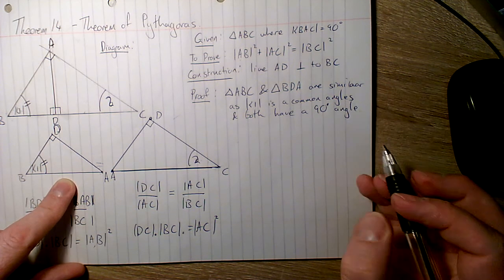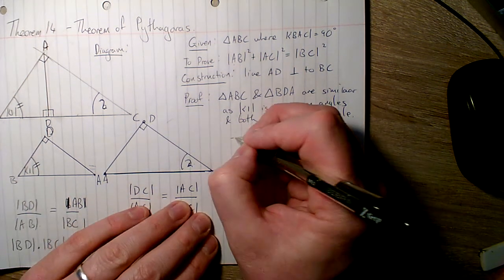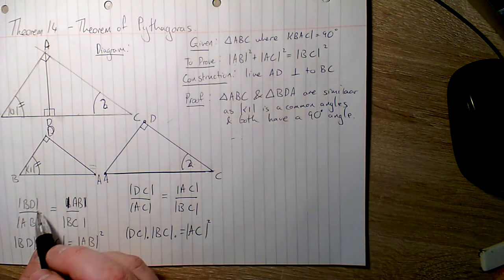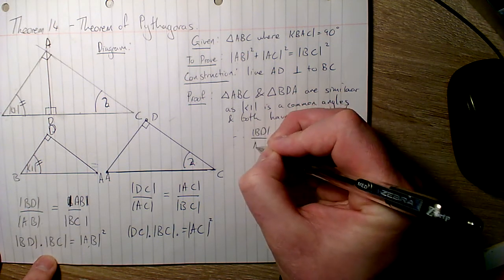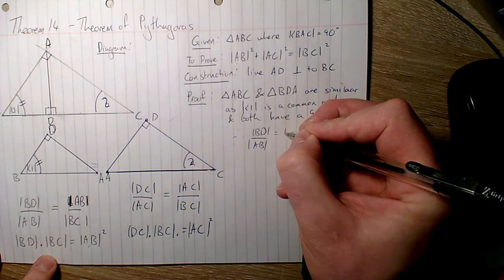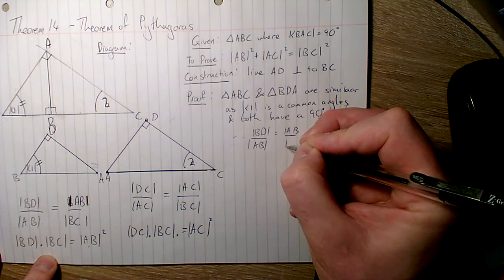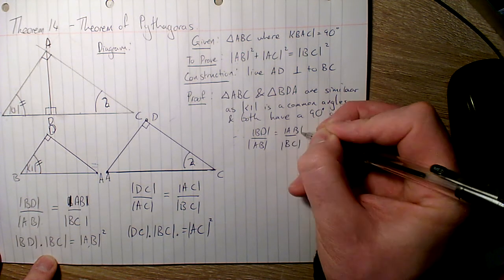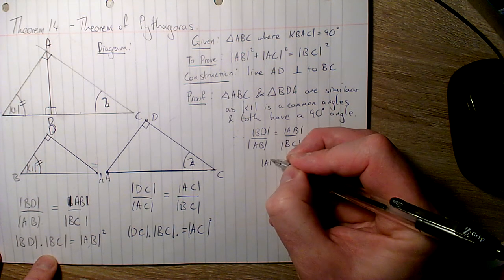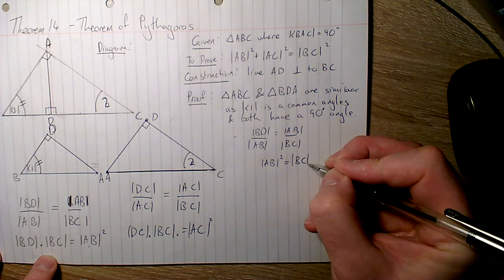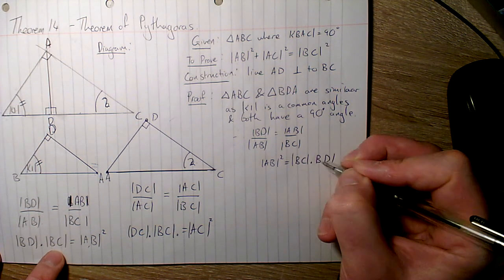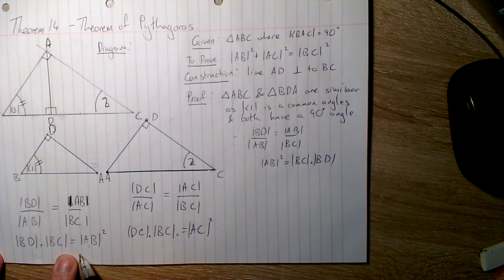So they're both similar. Therefore, I can say that BD over AB is equal to AB over BC, and that gives us that AB squared equals BC multiplied by BD. So that's where we were there.